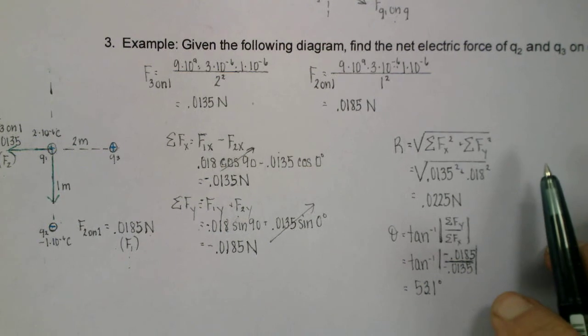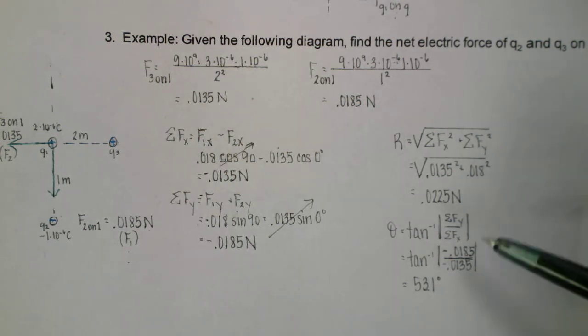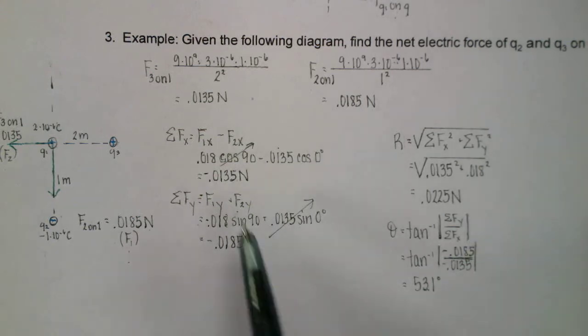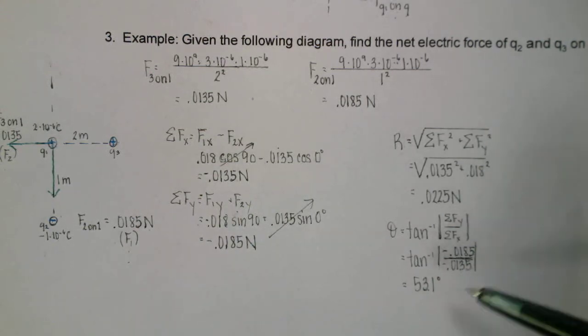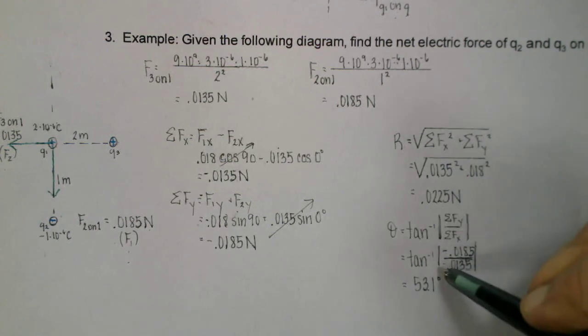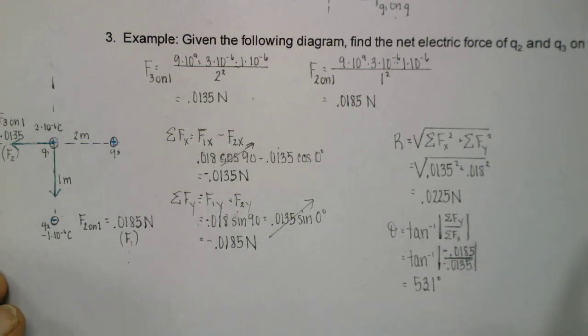Then I have to find my angle. My angle is going to be the inverse tangent of the absolute value of sigma F sub y over sigma F sub x. I just plug my y number in on the top, my x number in on the bottom, and I can go ahead and include my negative because the absolute value is going to take them out anyway. So I have an angle of 53.1 degrees.